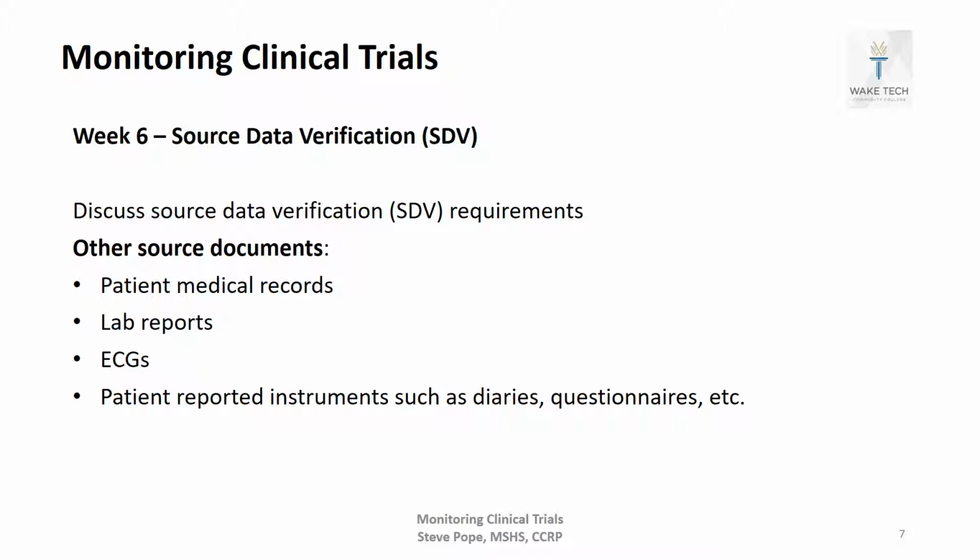So they may have little handheld devices that look like smartphones that are issued to patients where they record their dosing data, for example, or they may record any change in their medical status, which could potentially be an adverse event once it's evaluated by the PI. They might record any new meds that they're on. And that could be a prescribed medication, or it could be an over-the-counter medication.